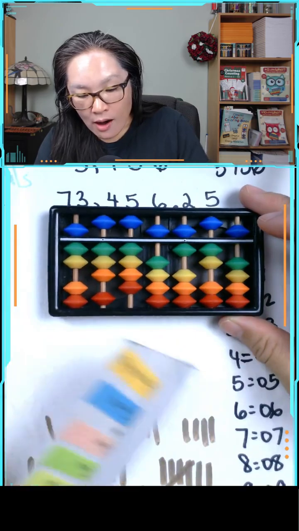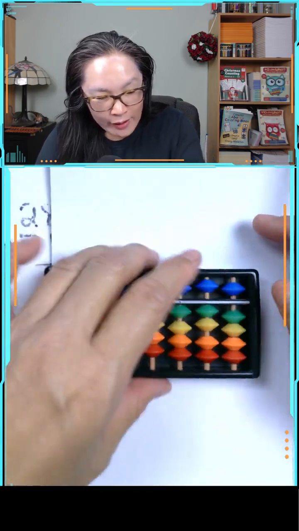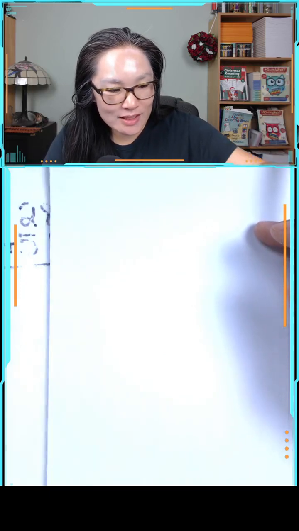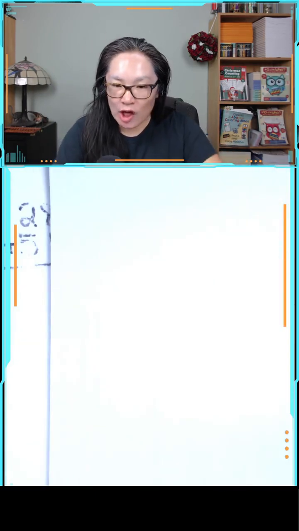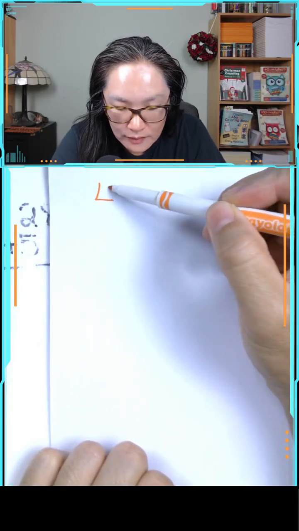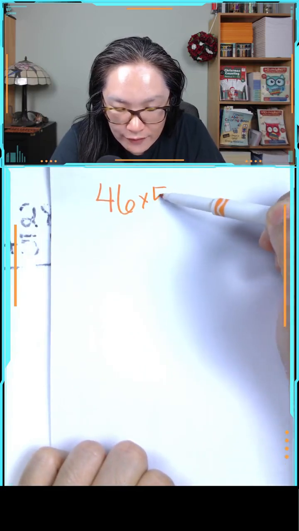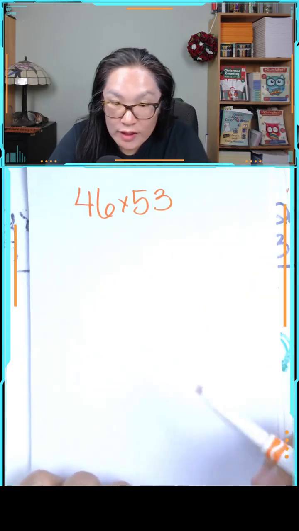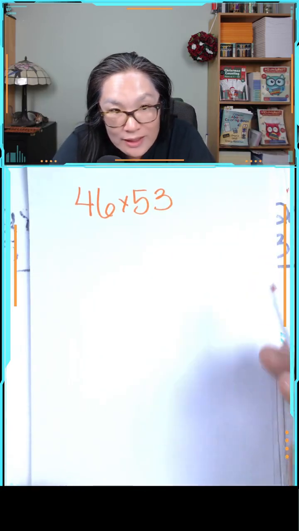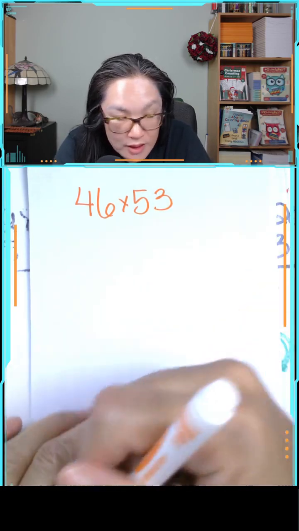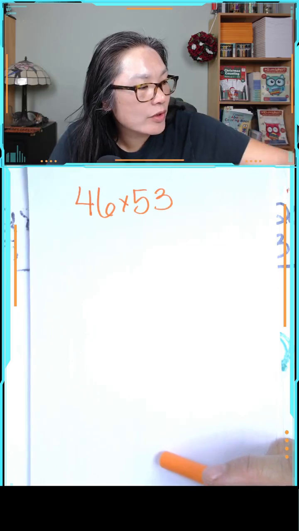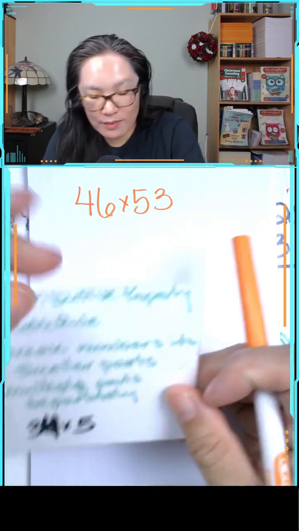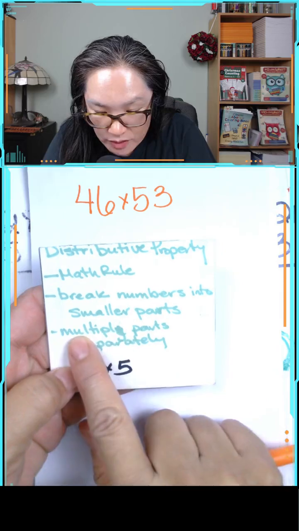All right. We're going to do the same question, because it sounded like some people got a little bit lost. So we did 4 times 5. We're going to do distributive property. We're doing multiplication on the abacus. Distributive property is a math rule: breaking the numbers into smaller pieces.